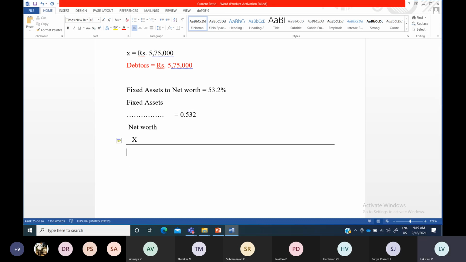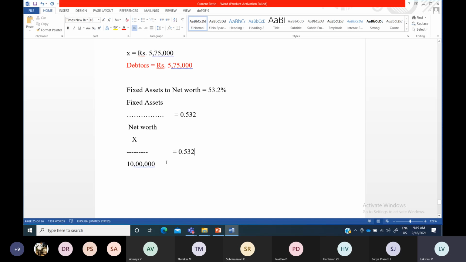The net worth amount will be 10 lakhs. We already calculated this amount and kept it, so you can use that. 10 lakhs here is equal to 0.532.